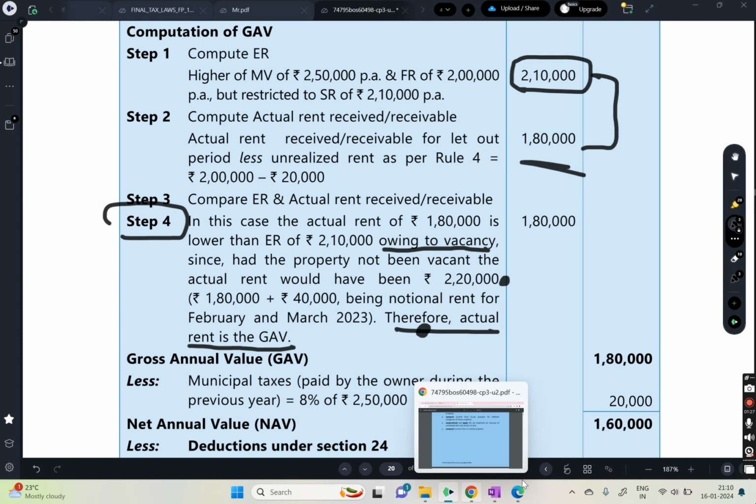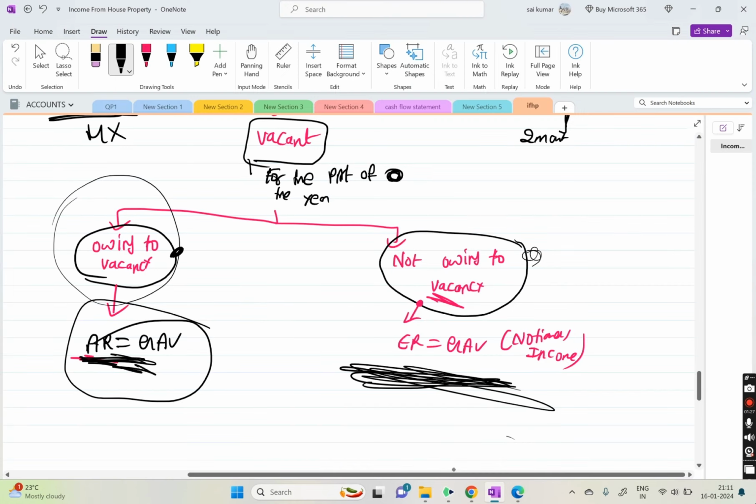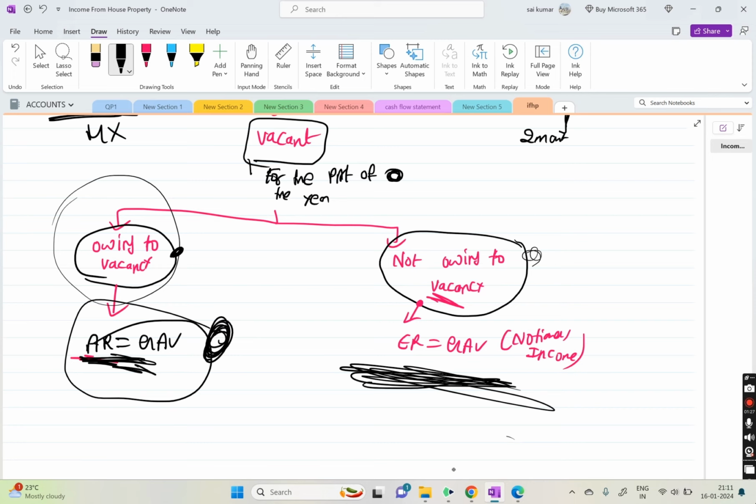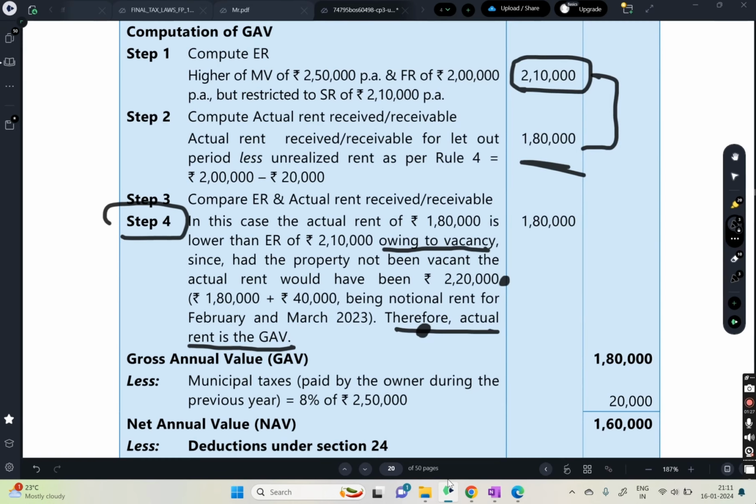So what did we decide here? Actual rent is equal to GAV, right? What is the actual rent here? Let's say there is no vacancy.